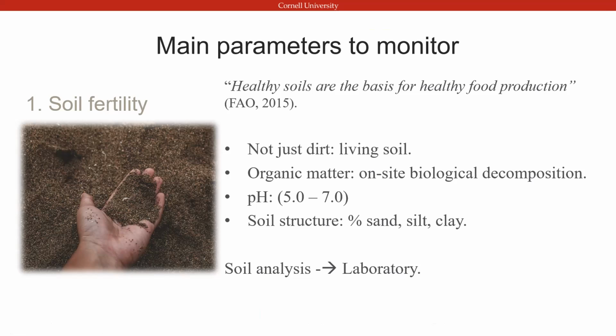Another parameter that we have to keep in mind is the pH. For some people who are starting, what is the pH? It is just how acidic or basic my soil is. There is not a perfect pH because every crop has different requirements for pH, for organic matter, for nutrients, for everything.